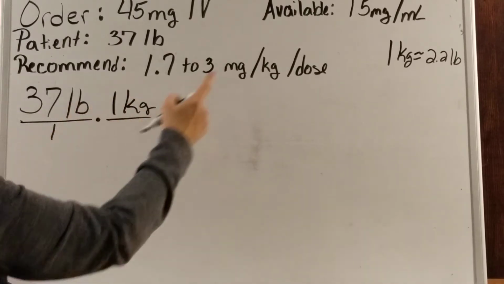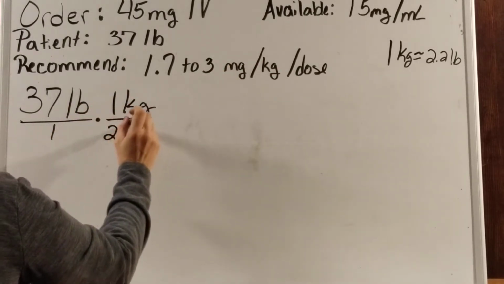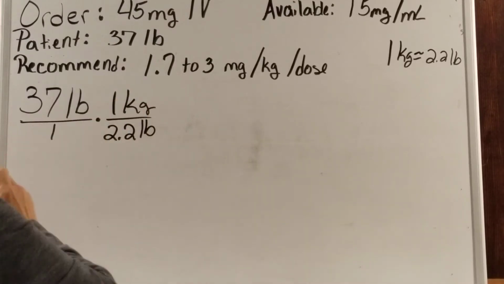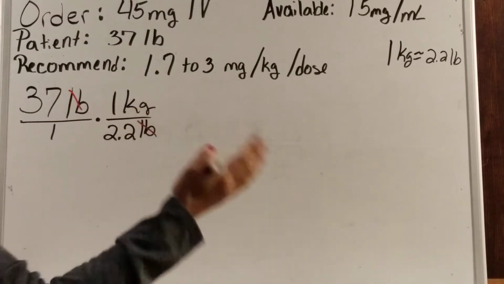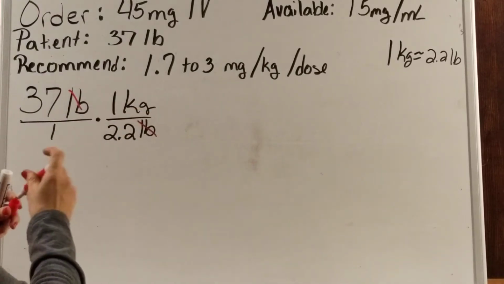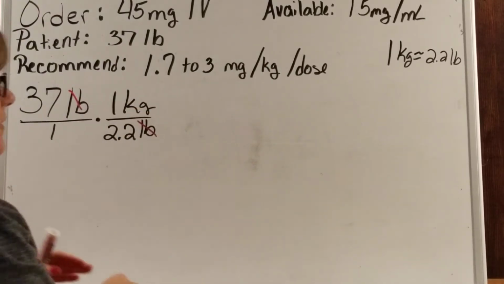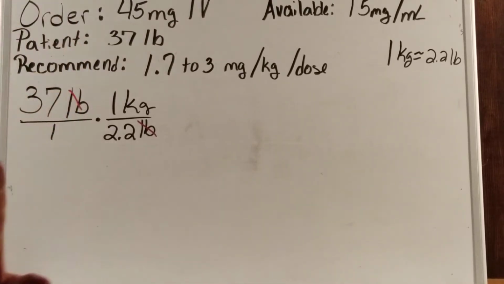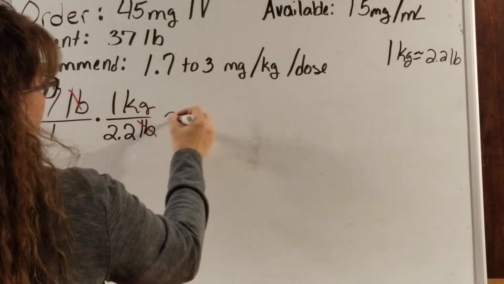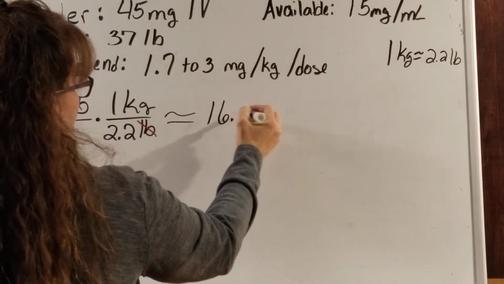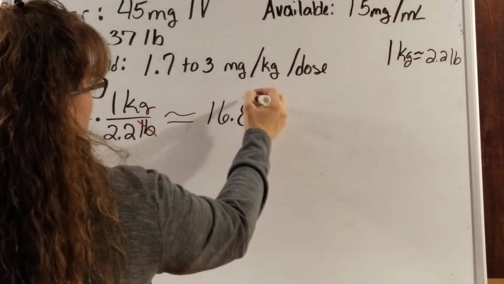And I need the pounds to reduce, so it worked out great that the pounds were on the bottom. Let's mark out the unit that we didn't need. If it marks out, then we did great. It reduced down. So now I have 37 divided by 2.2, which gives me approximately 16.81 repeating.